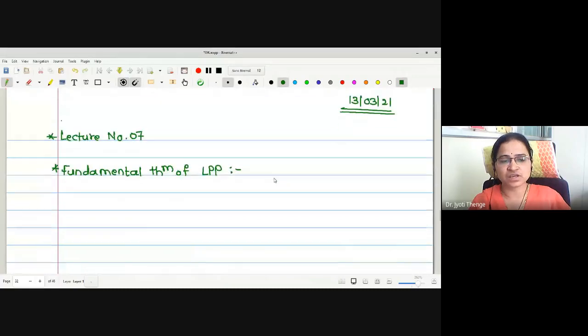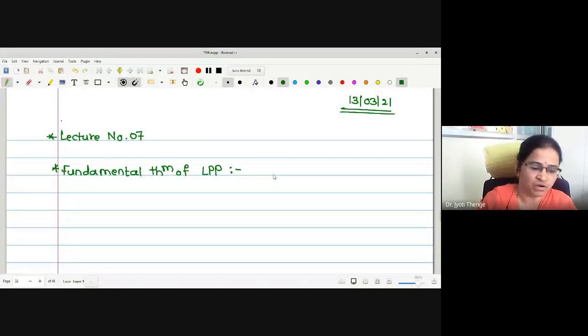Now in today's lecture, we are moving ahead towards the fundamental theorems of linear programming problem. Actually, while solving the linear programming problem by the graphical method, we obtained the basic feasible solution at the corner points of the feasible region, that is, the extreme points. This means there should be a relation between the basic feasible solution or optimal basic feasible solution and the extreme points.